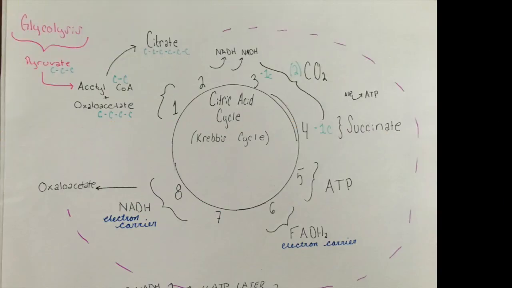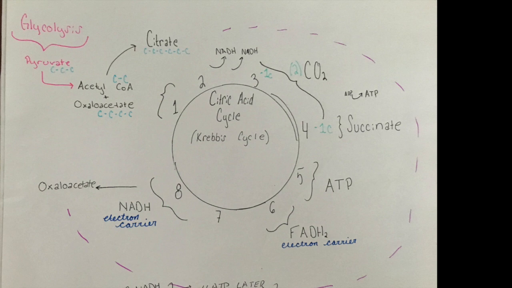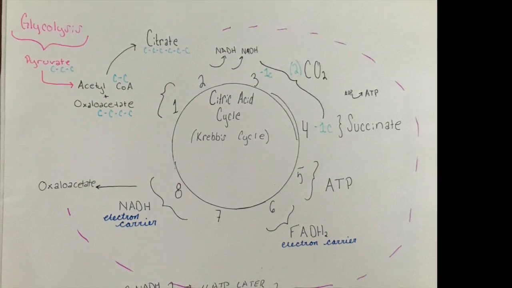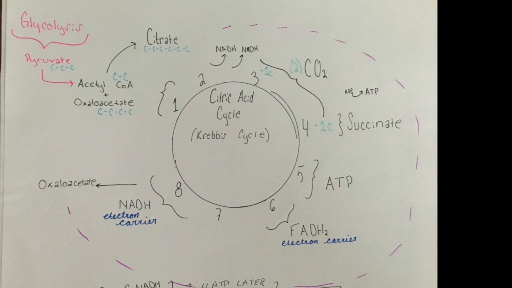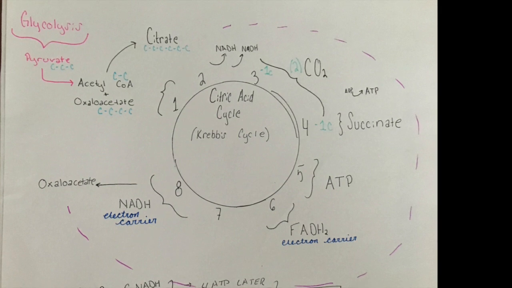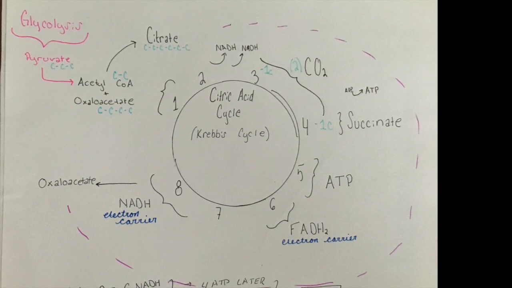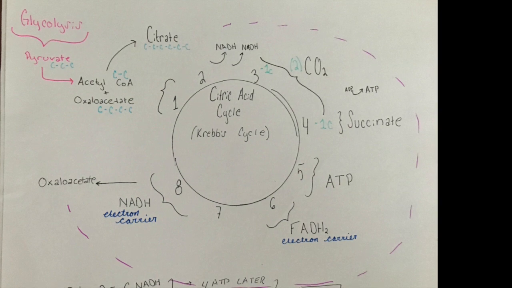Next we see the citric acid cycle, also known as the Krebs cycle. The citric acid cycle produces carbon dioxide, NADH, GTP, and FADH2. NADH and FADH2 are electron carriers used in the electron transport chain.